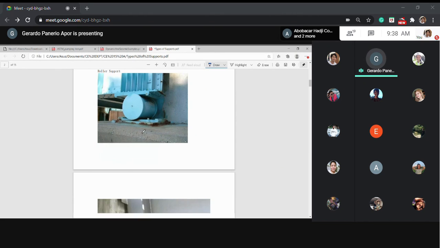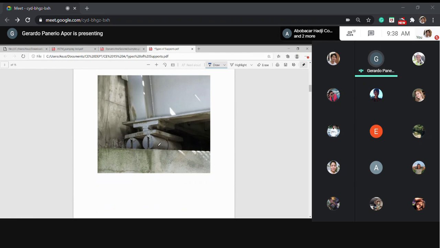Okay. Another example of a roller is this one, no? You have a roller. So it has some freedom to move horizontally, but is restrained to move vertically. So this roller is maybe to facilitate easy movement along the X direction without frictional resistance. Because if you just put it directly on the cement without these rollers, it is free to slide, but sliding is difficult because of the friction.